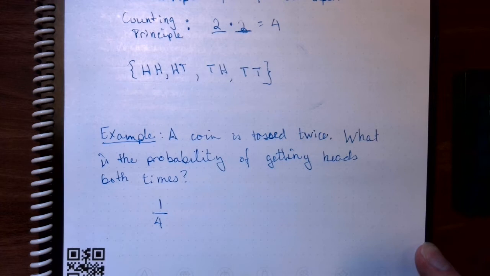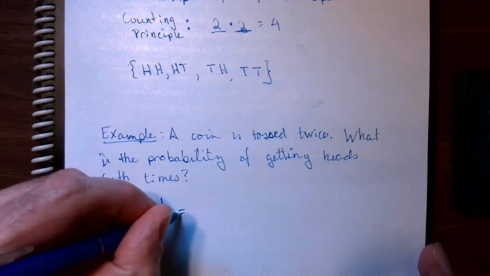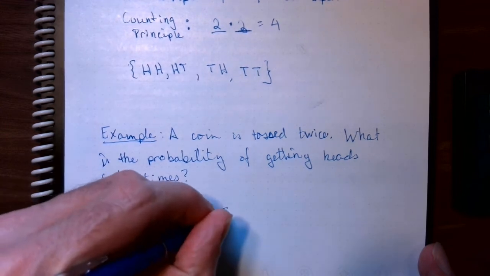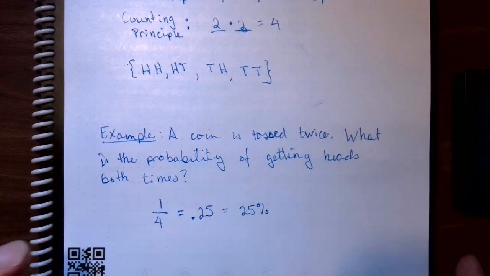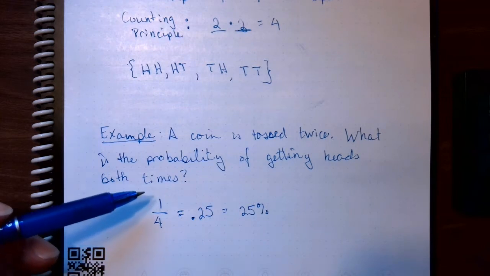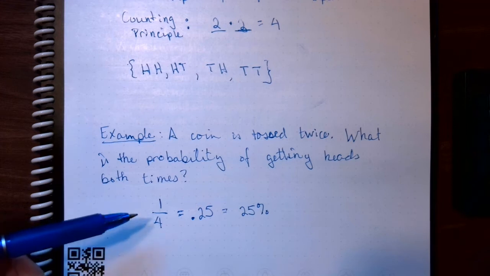Okay. And of course, we could write that as a decimal. And of course, that's also a percentage, 25%. Okay. Typically, you'll be putting your answer as a fraction. I really like to see the fraction version of probability.